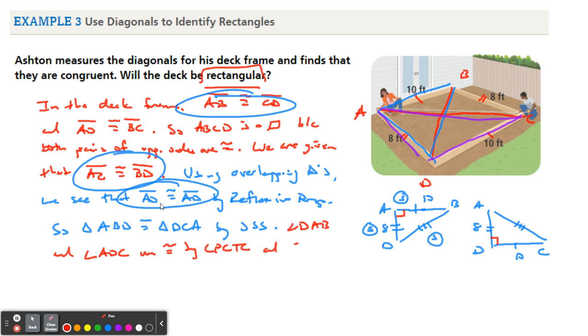And we also know that they're supplementary, because this thing is a parallelogram. We showed that up here. It is a parallelogram, and A and D are these two angles here and here. They're what we call consecutive angles. And we know that consecutive angles of a parallelogram are supplementary.